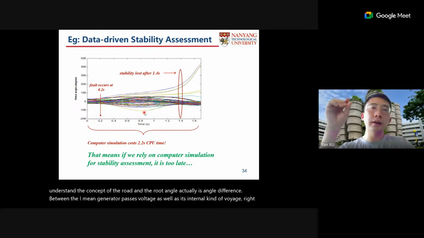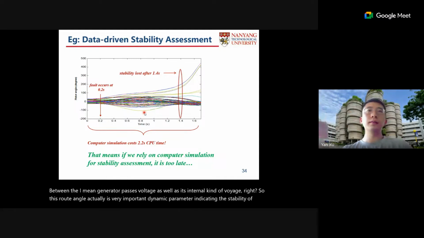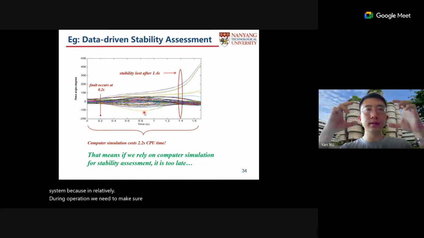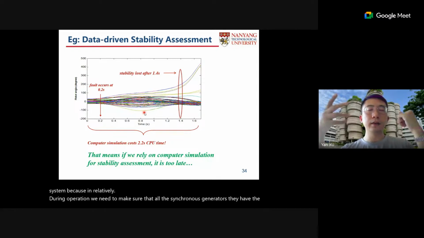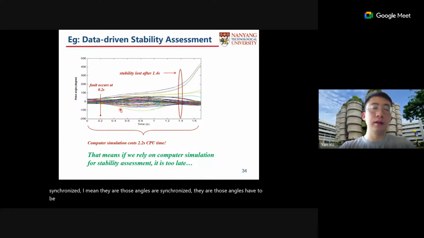So this rotor angle is a very important dynamic parameter, indicating the stability of the system. Because in reality, during the operation, we need to make sure that all the synchronous generators have their rotor angles synchronized. Their rotor angles have to be synchronized during the operation.